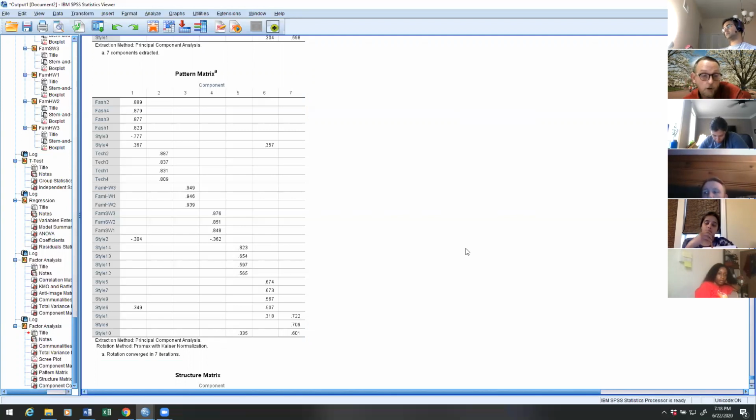So another approach that you could take is that you could split the variables up, do some of the analysis on some variables, get a solution, and then do analysis on the other variables. That's something that you could do too. So we did all 28 variables at once here.